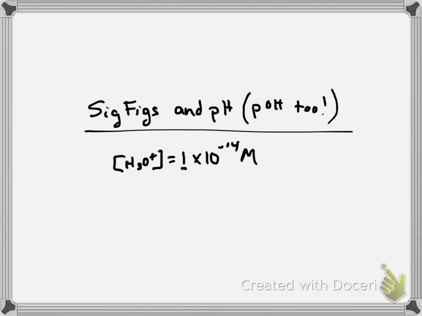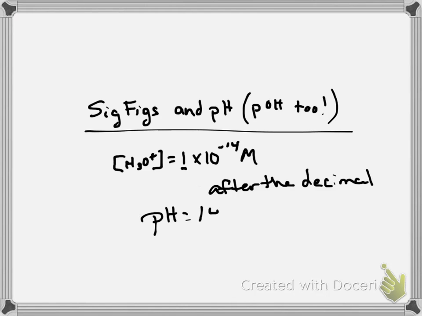Their sig figs are located after the decimal. So if it's 1 times 10 to the negative 14, my pH, the power of the hydrogen ions, is 14, and I see that there is only 1 sig fig, so it's 14.0 with the decimal. And that's how you do pH.